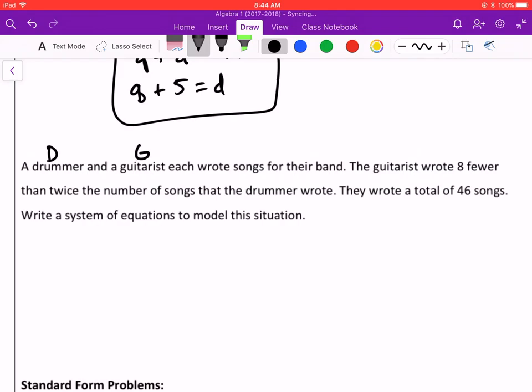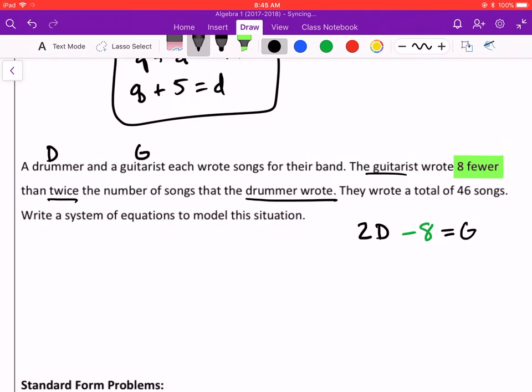It says the guitarist wrote 8 fewer, all right? 8 fewer means minus 8, okay? 8 fewer than what? Than twice, so we're taking 2 times the number of songs that the drummer wrote. So that means twice your drummer, 2D minus 8, is going to give us the amount of the guitarist.